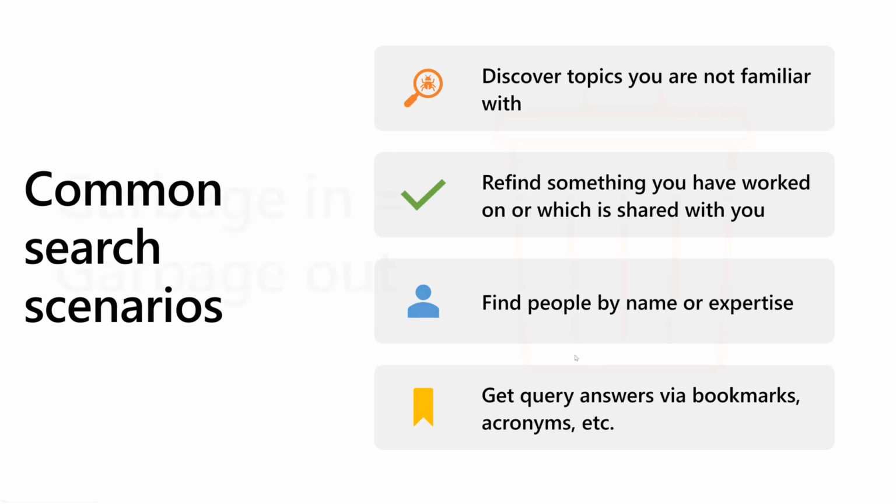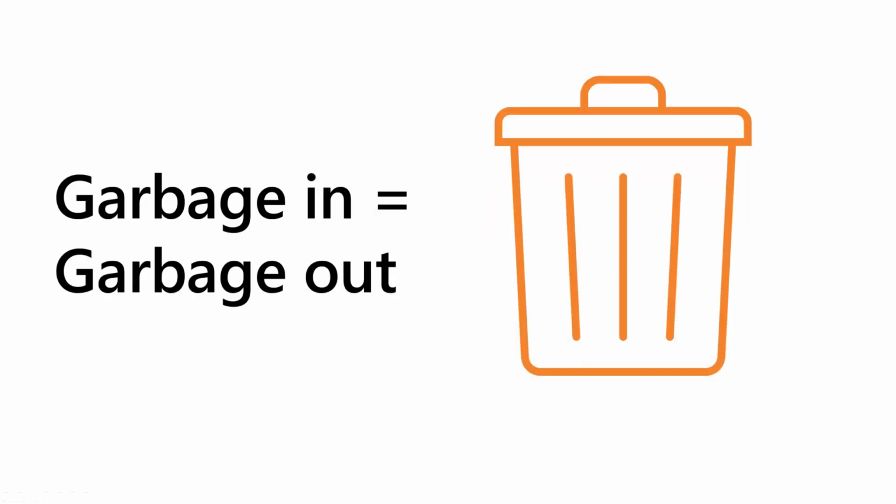And I just want to point out, this might not be the best slide, but if you have garbage in, you get garbage out, and that's what search is all about. If you don't curate your content or have a conscious decision about your information architecture or how content is created and stored, well, you will not get very good results coming back out. So that's something to think about.